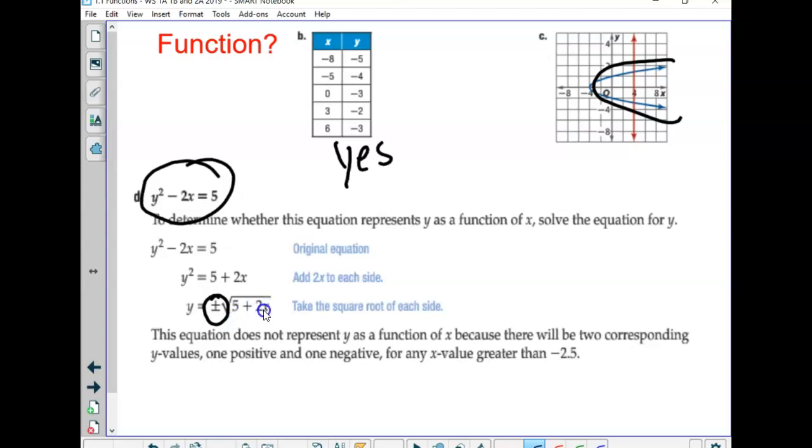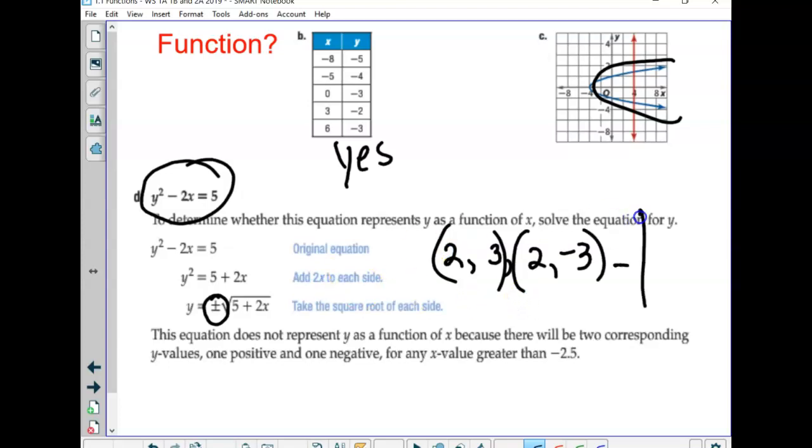If I put a 2 in here, I get 5 plus 4 or 9, the square root of 9. What do I get out? Yeah. So I put a 2 in, I get out a 3 and a -3. Does that work? No. Okay.